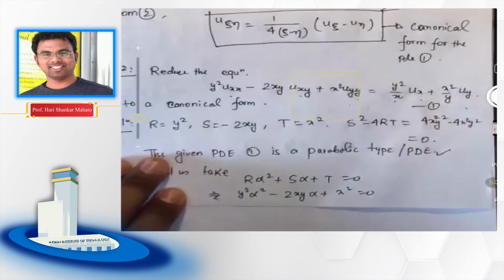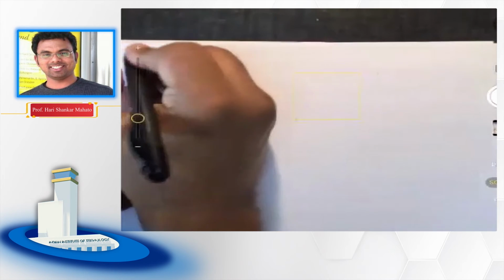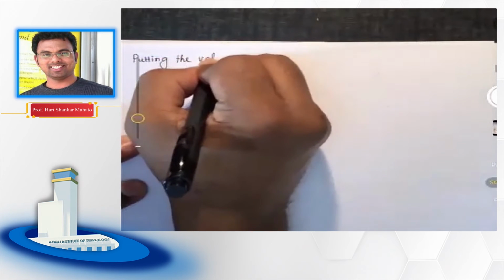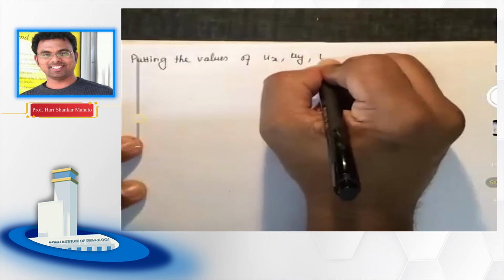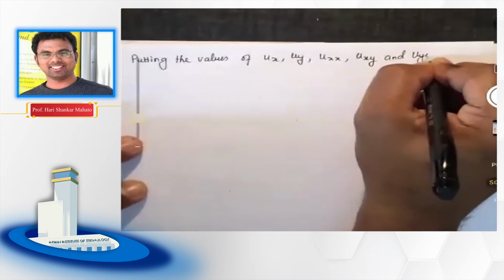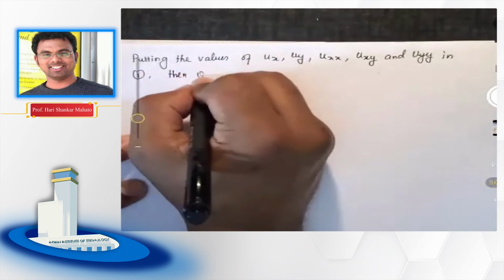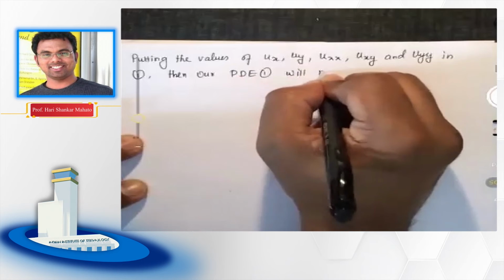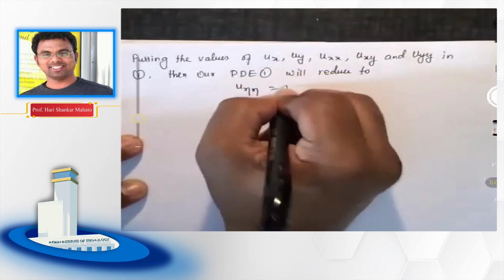The minute you put all the values of ux, uy, uxx, uxy, and uyy in equation 1, our PDE 1 will reduce to u eta eta equals 0.